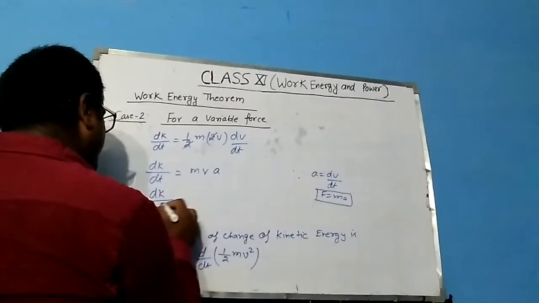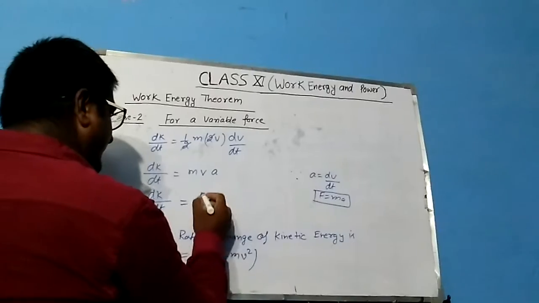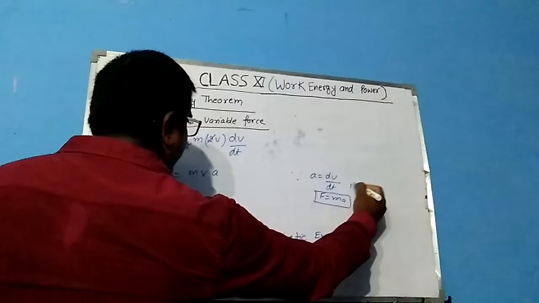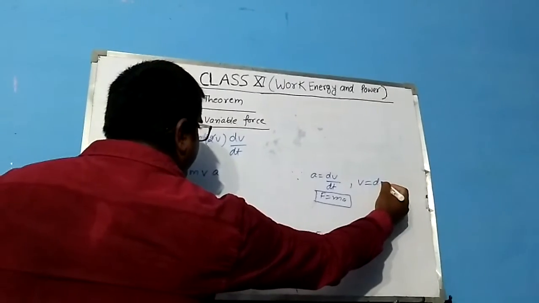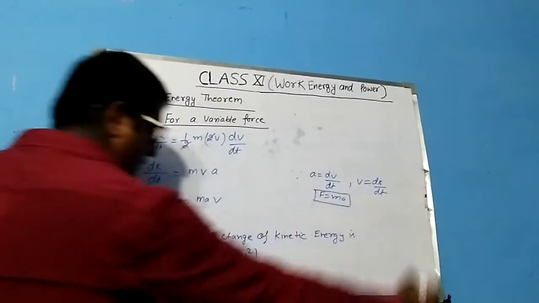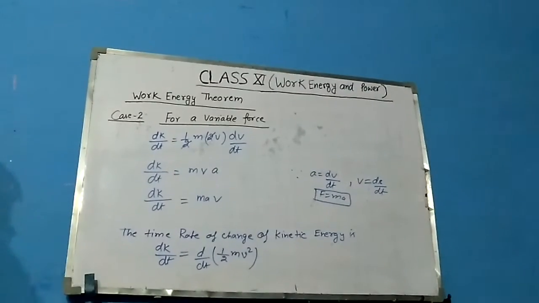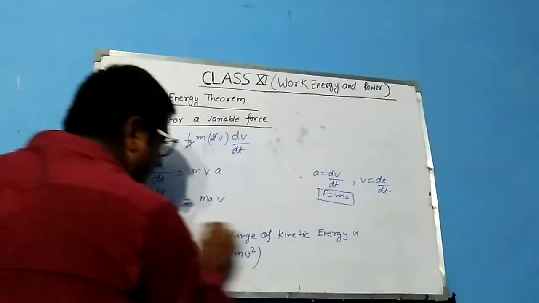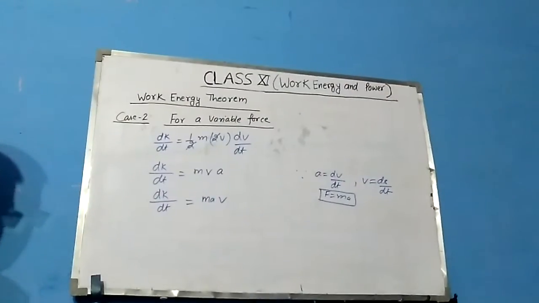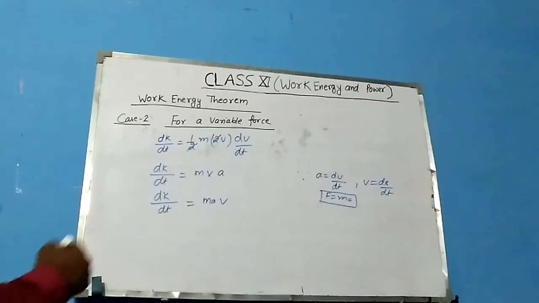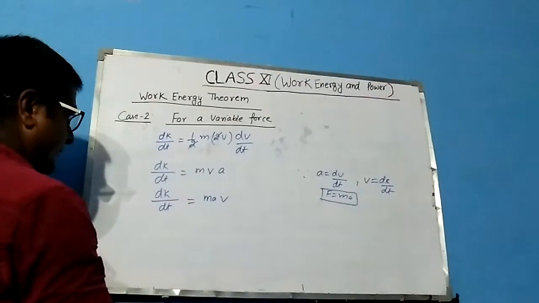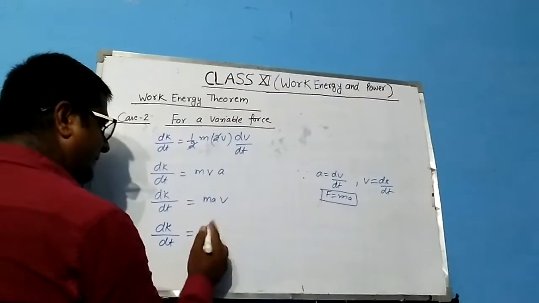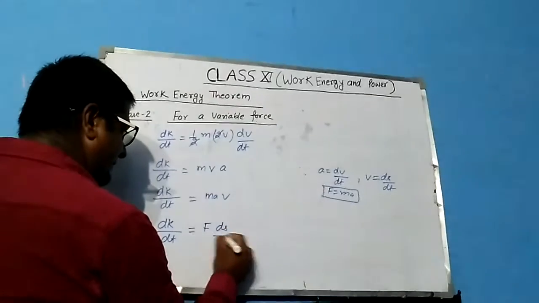So dK by dt equal to ma, meaning force, times ds by dt.